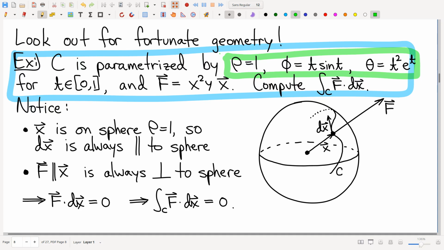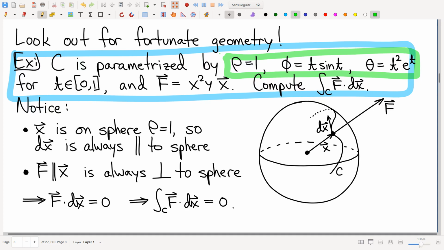This is a spherical parameterization, which means x, y, and z are going to involve sine and cosine of this phi and sine and cosine of this theta. Our vector field is going to have those nasty formulas for x, y, and z too. This is a nasty question on its face. Everybody convinced this is a nightmare?